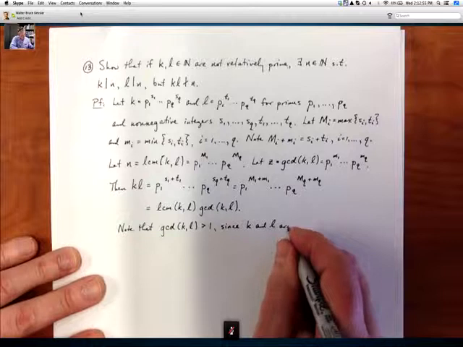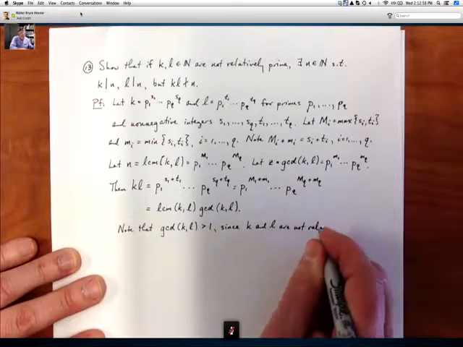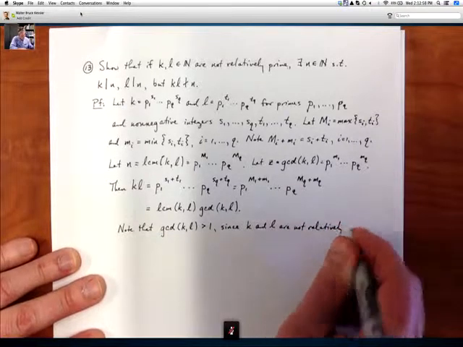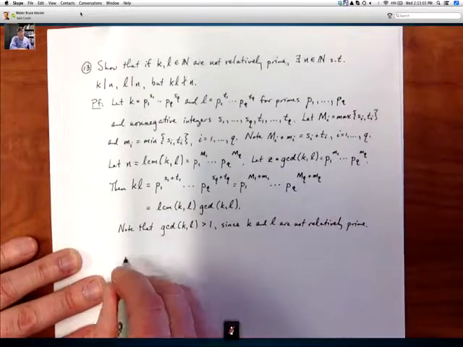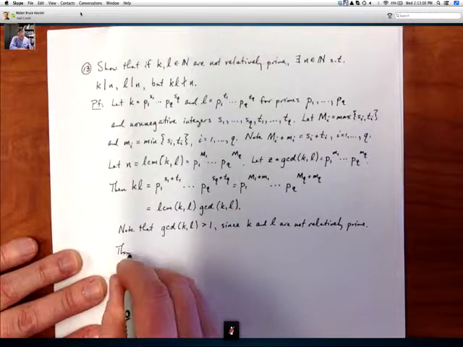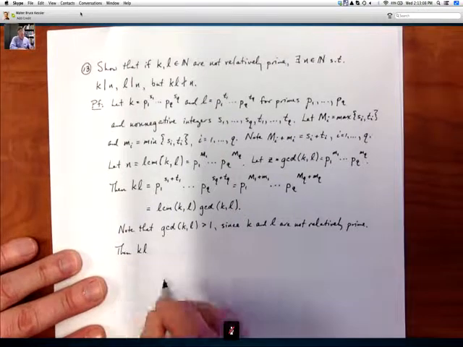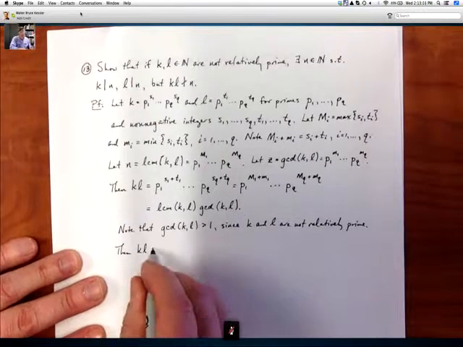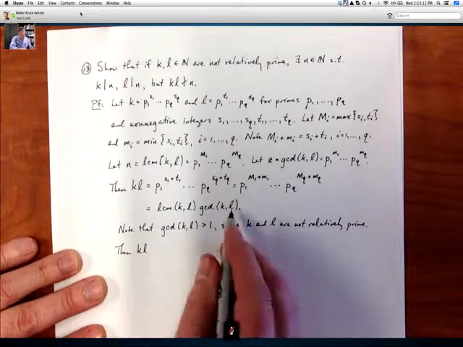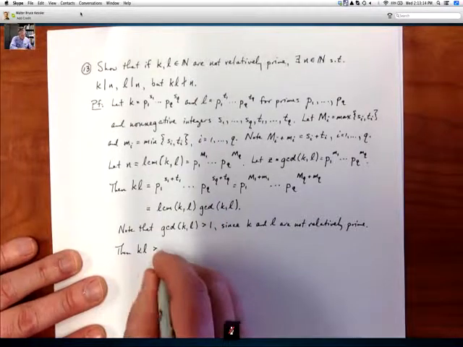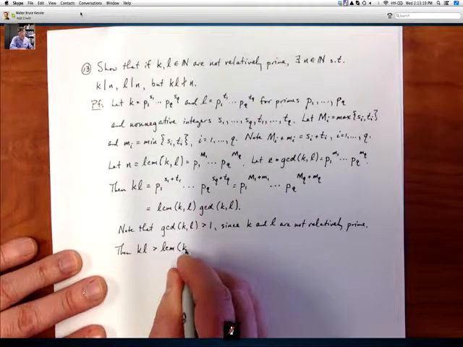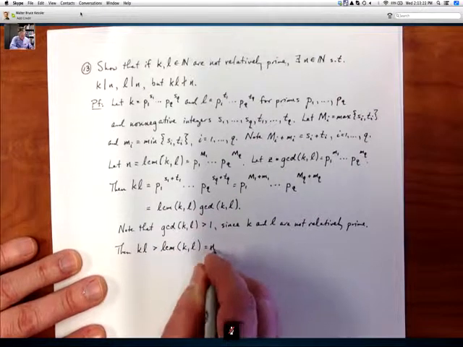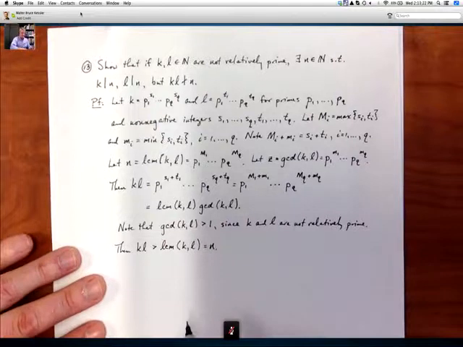It's got to be bigger than 1. So what does that mean? That means that k times l, which is equal to this, is actually greater than the least common multiple of k and l, which is my n.